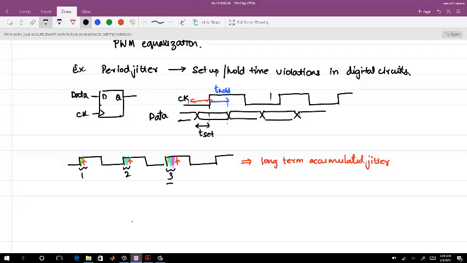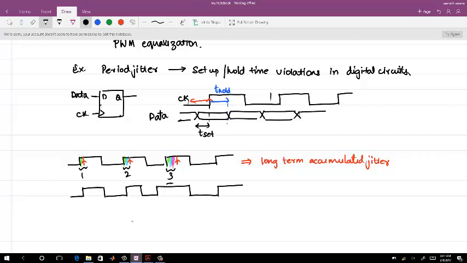Now, let's say this is the clock. In long-term accumulation, this is giving me 0.